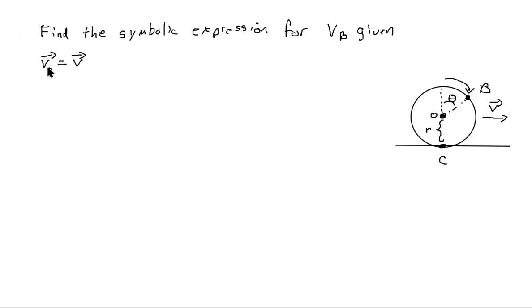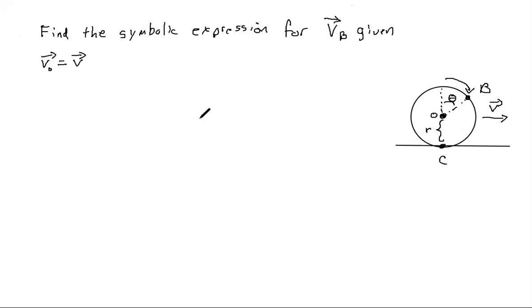They usually put O for the center of the circle, and so VO is going to be just V, a symbolic expression. We're trying to find the expression for the vector VB.